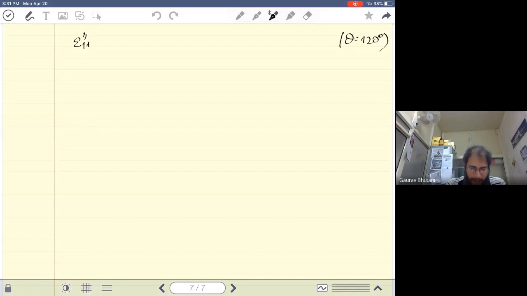So I'll just write here that these three values are measured.